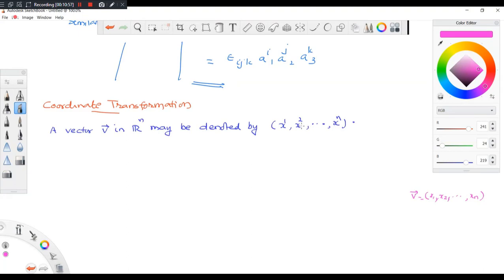So this is the second component. This is the nth component. That is the meaning. Now, why we make such a new notation is because many of the things will be easy if you make this kind of notation. So whenever you use this kind of notation, don't think that these are powers.